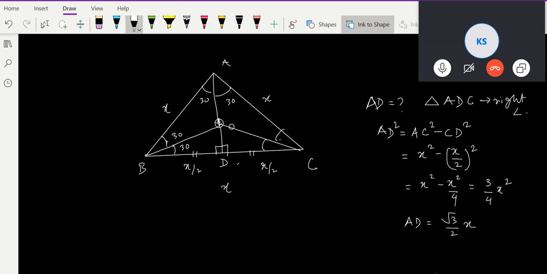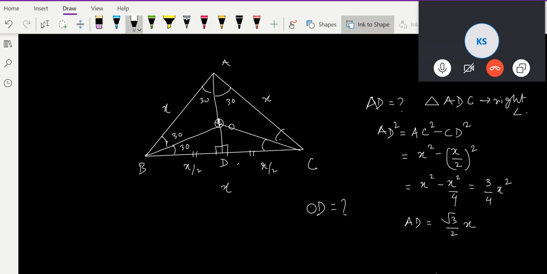And how much is OD? How can we find out OD? It would be 1/2 AD.